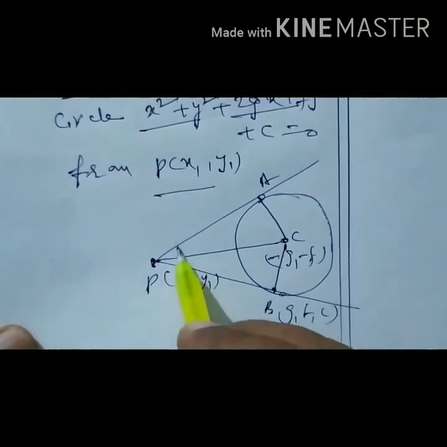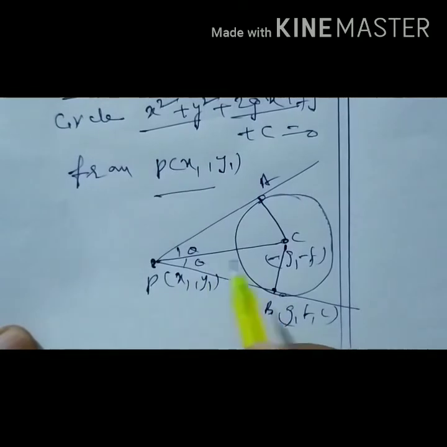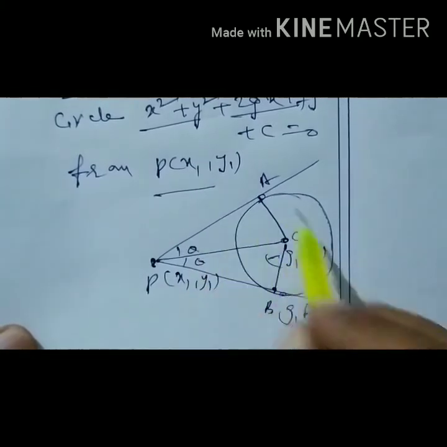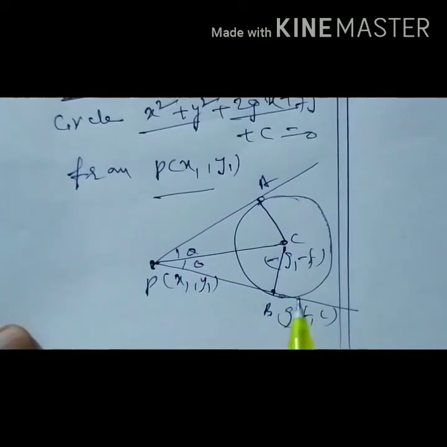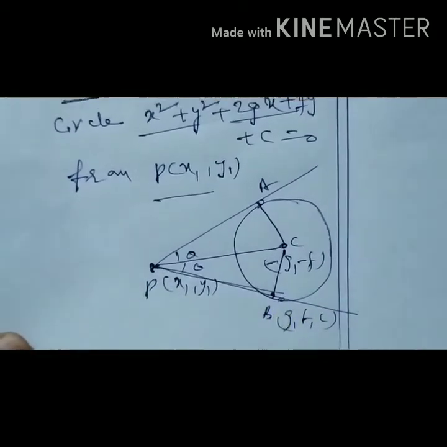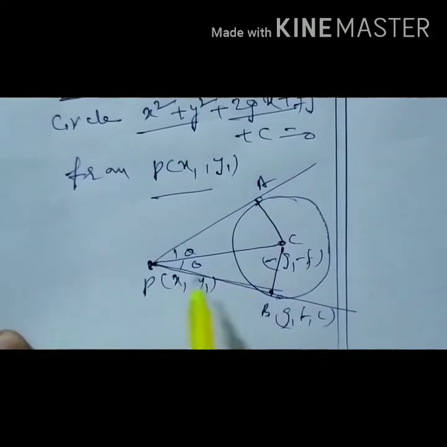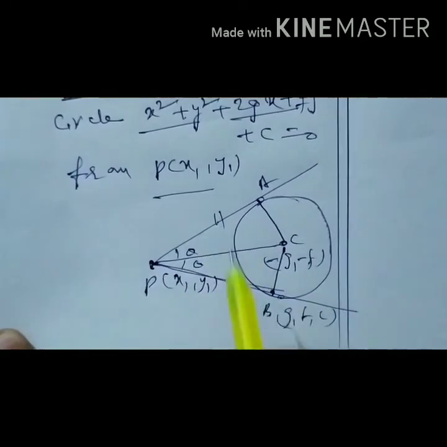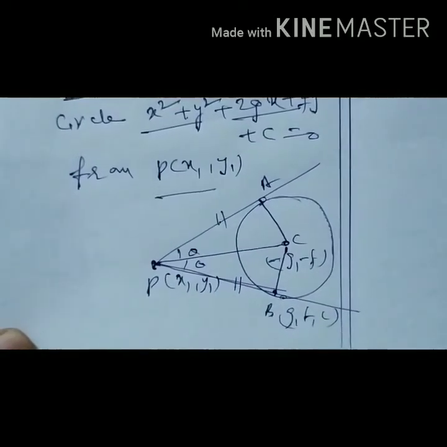We already know that the angles are equal. PAC and PBC are similar triangles. Now we need to find PA or PB. Both are the same as they are similar triangles.